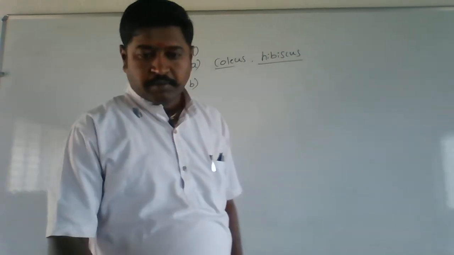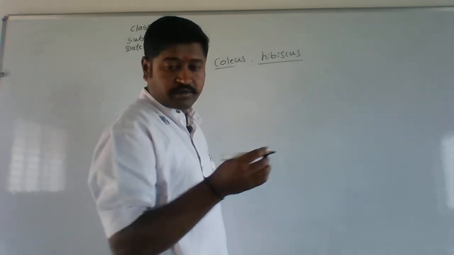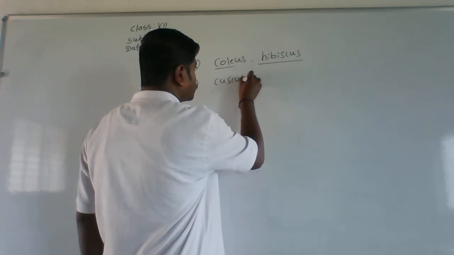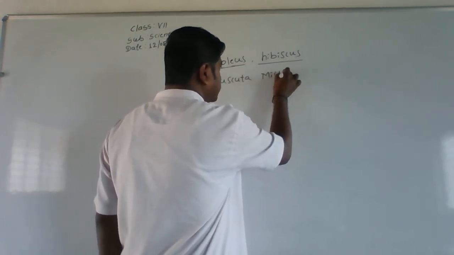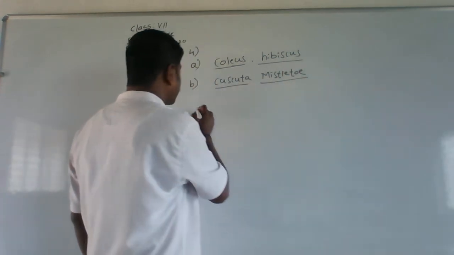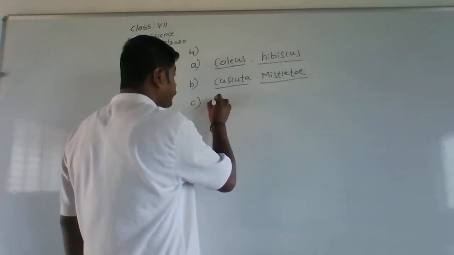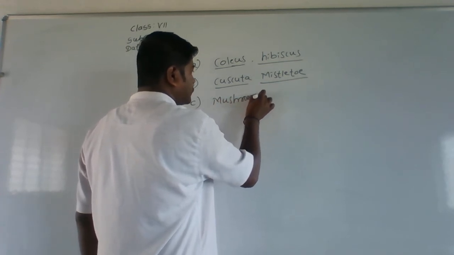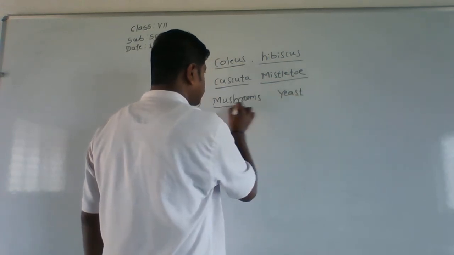Next, parasitic plants. Examples: Cuscuta and mistletoe. Then third, saprophytes. They are mushrooms and yeast.